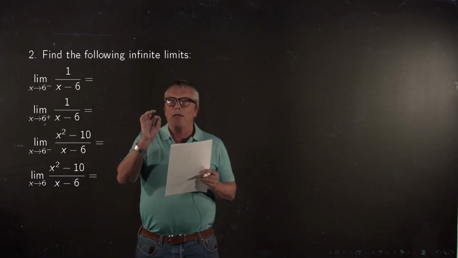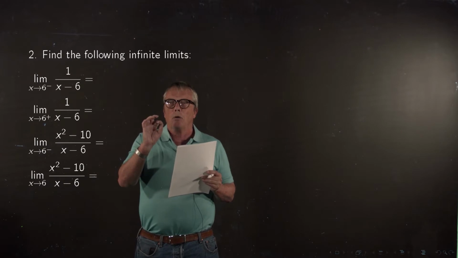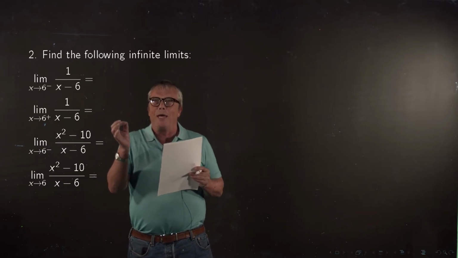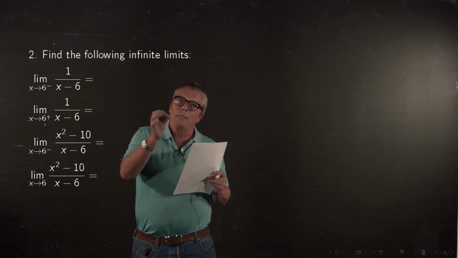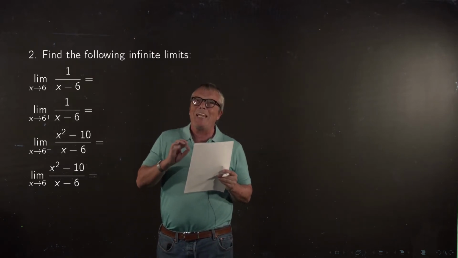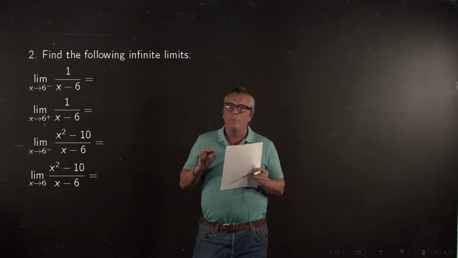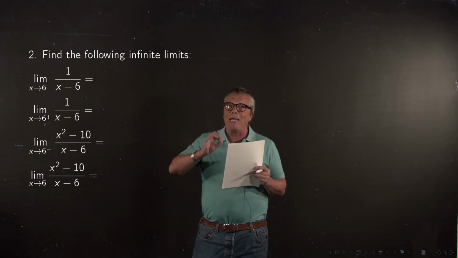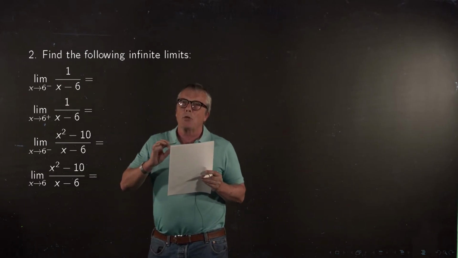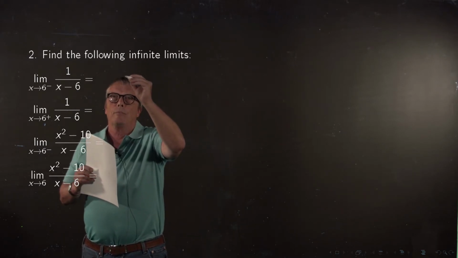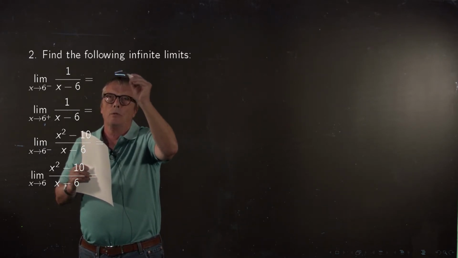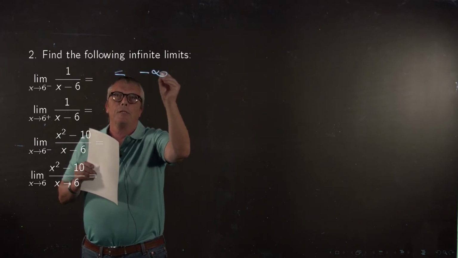If I have a number which is on the left of 6, and I subtract 6, I get a negative number. So I have 1 divided by a negative number, which gets closer and closer to 0. So the limit should be equal to minus infinity.